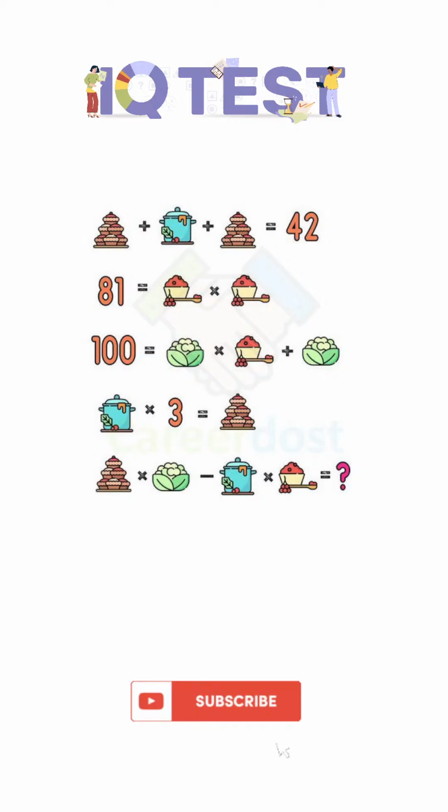So our final answer will be the stocked up food, which is 18, multiplied by the cabbage, which is 10, minus the blue plate, which is 6, multiplied by 9, which is the red food we have over there. So in total, this should give us 126. So that is the answer for this particular question. The answer is 126.